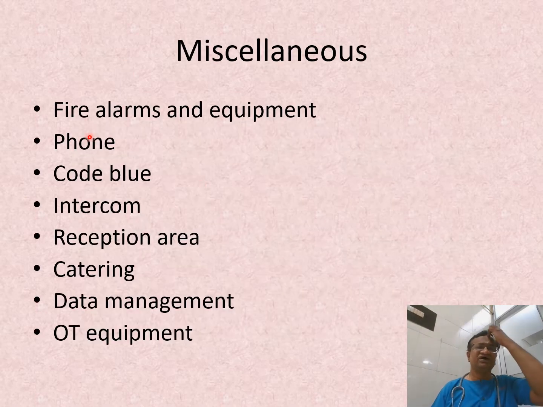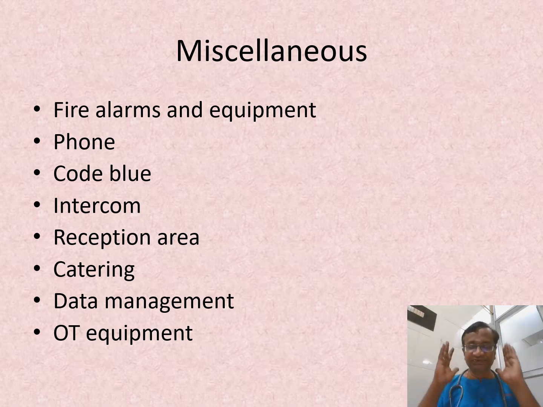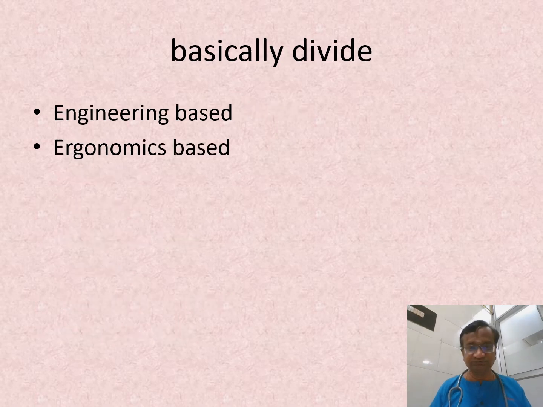So miscellaneous: firearms, equipment, phones, code blues, intercom areas, reception areas, data management and computer operators, catering and OT equipment. Sometimes just before the preoperative room, we will have a room with a lot of cupboards where we'll have endotracheal tubes, laryngeal mask airways, laryngoscopes, and fiber optic laryngoscopes, all these things, sometimes an ultrasound machine in a separate room.